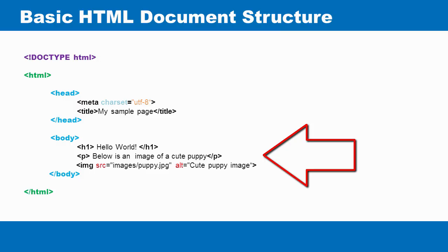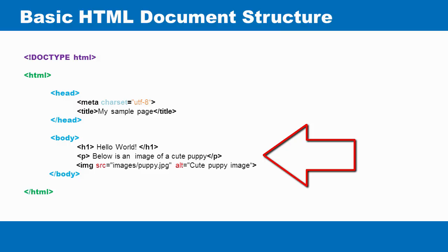It contains all the content that you want to show to the web user or visitor when they visit your page, whether that is text, images, videos, games, playable audio tracks, or whatever content you have, you place it between the body element for the visitor to see it.